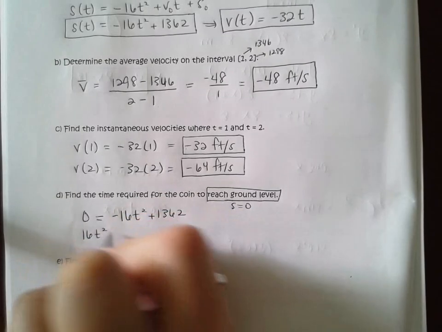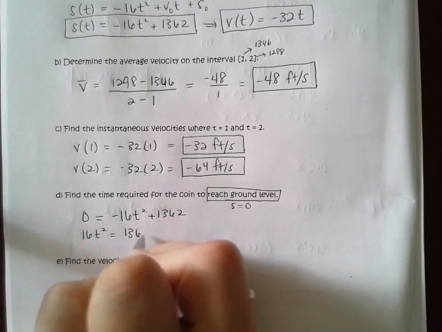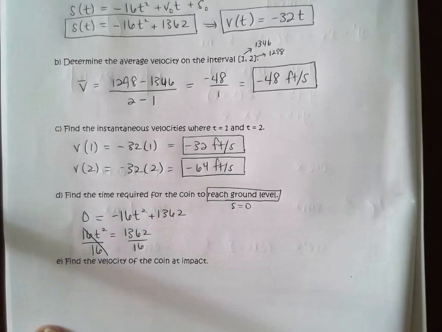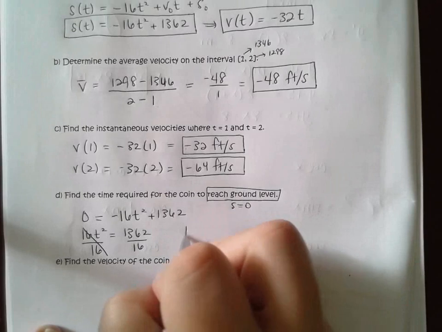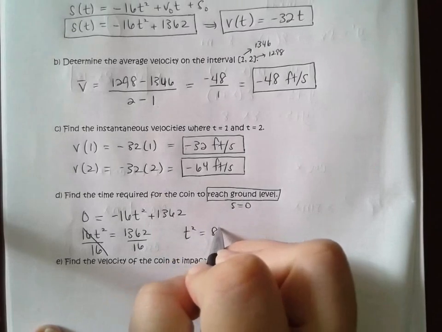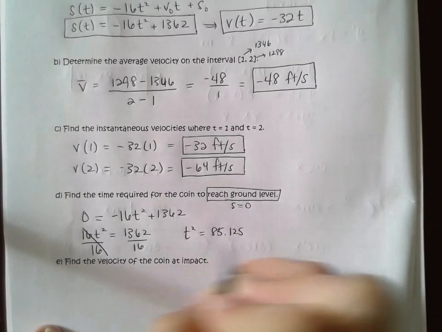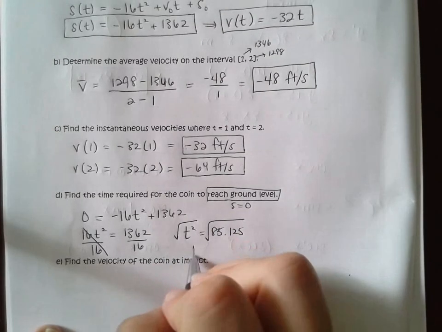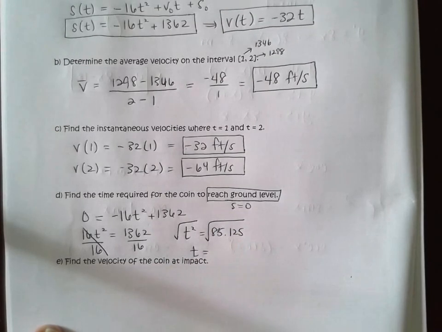I'm going to move the 16 over where it becomes positive. I'm going to divide both sides by 16. I get 85.125, and then I'm going to square root both sides. Now remember, when you take the square root, both positive and negative are answers.